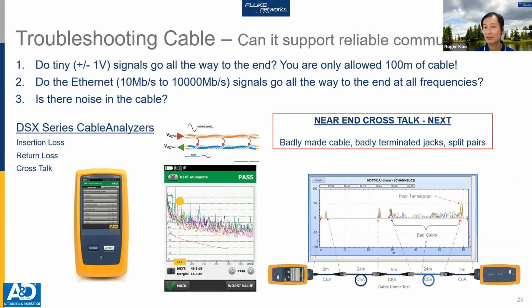The next parameter that we can talk about is near-end crosstalk. In fact, I think almost every one of you has experienced this before. Imagine those olden days when we had phones, especially analog phones.